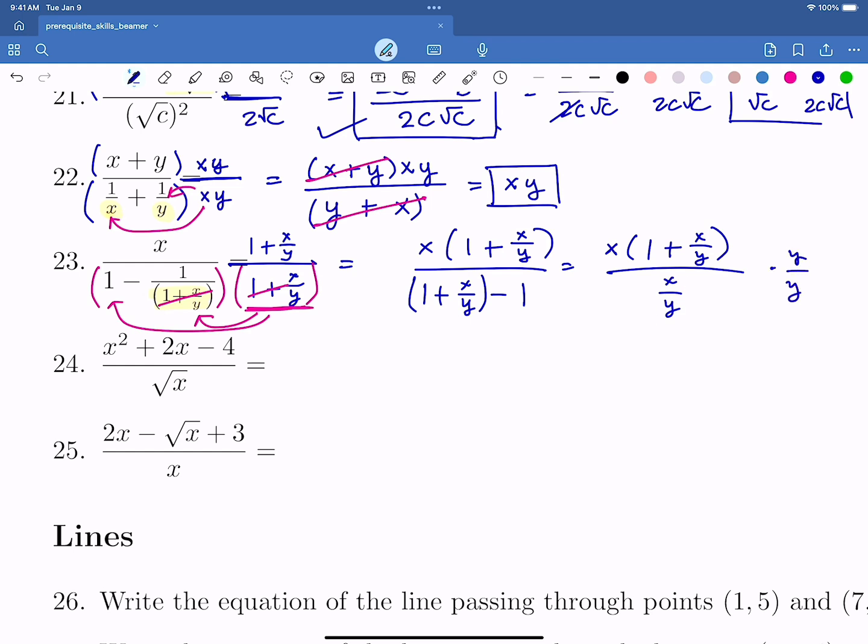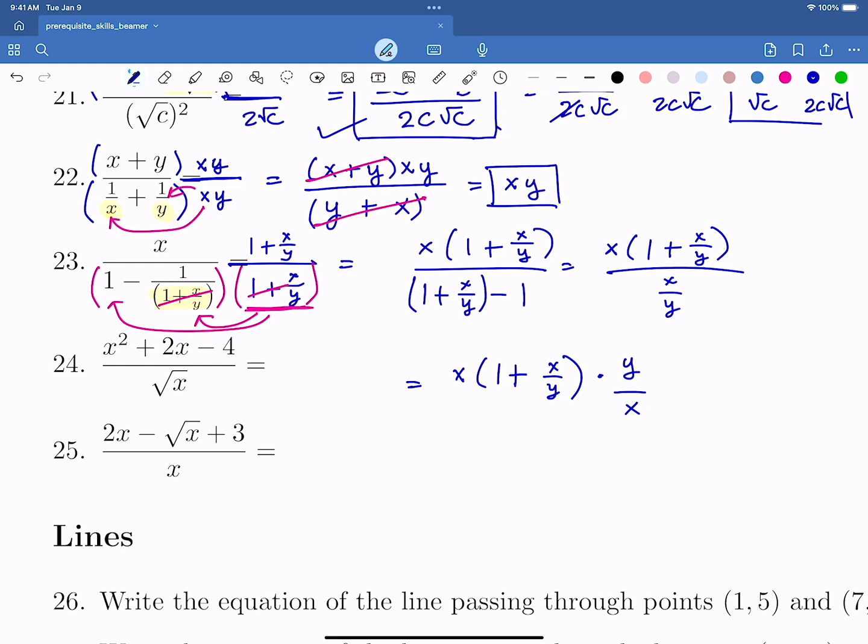But I see a better way because my denominator has only a single term. Dividing by x over y is the same as multiplying by y over x, the reciprocal. So this is equal to x times 1 plus x over y, times y over x.